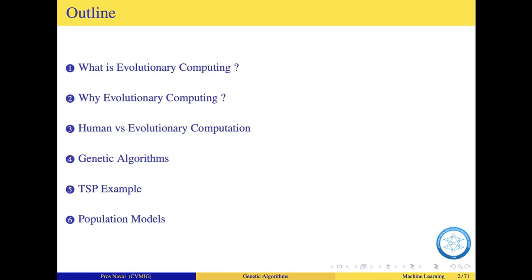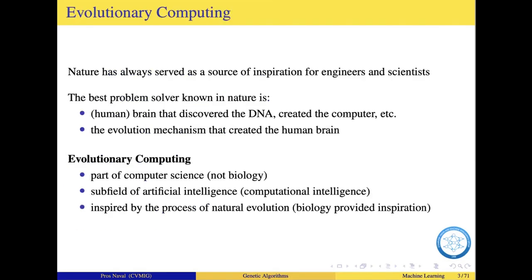We'll focus on the genetic algorithm, which is the most popular among these evolutionary computation algorithms. We'll then apply the GA to a TSP or traveling salesman problem example. Then lastly, at the end, we'll talk about the different population models.